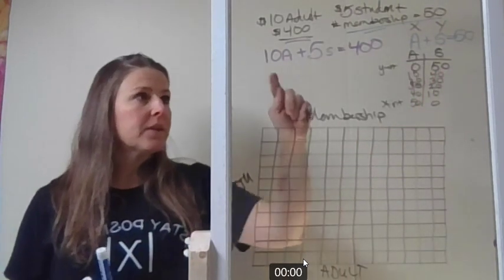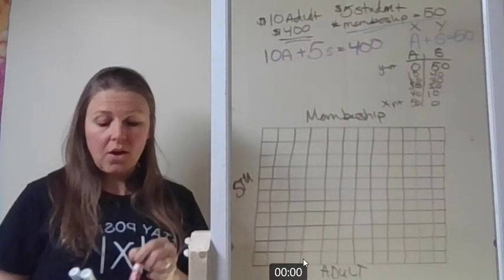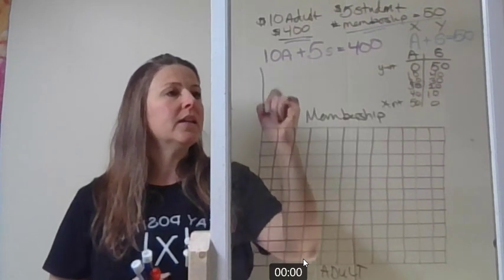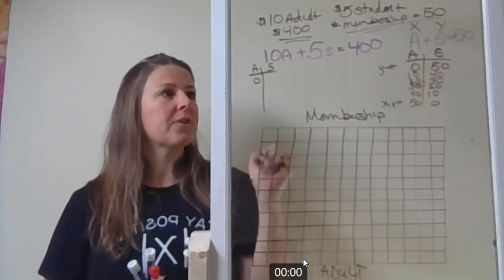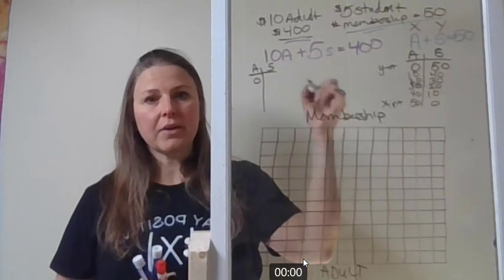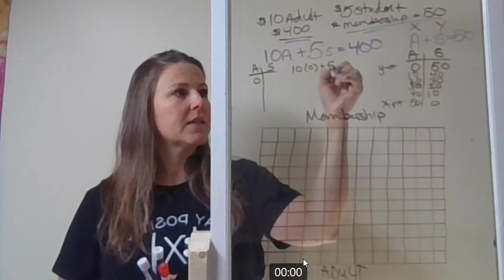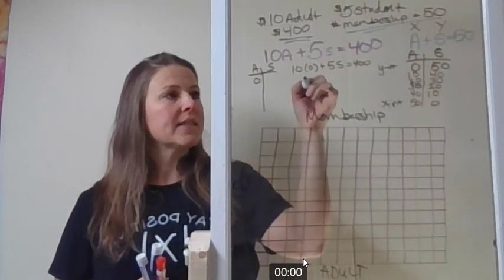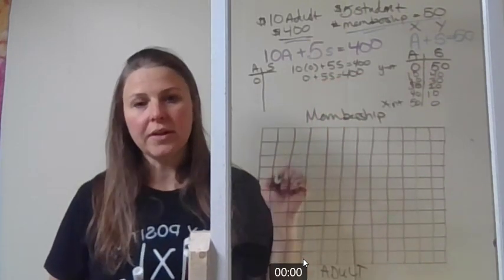All right, let's see what these numbers are. So one method to solve is to get the two intercepts. You could plug 0 in for a and solve for s. So I'm going to write the work right here and then erase it. So 10 times 0 plus 5s equals 400. So that's 0 plus 5s equals 400.